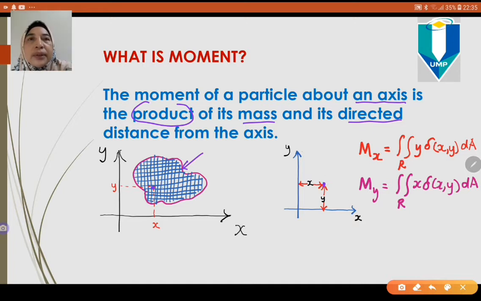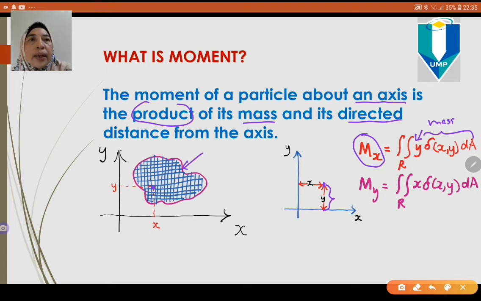Then the distance of that particle to the x-axis is the y value. That's why if you want to find moment about the x-axis, you multiply the distance, which is the y value, by the mass, and you know the mass is density times the area of the lamina. Like so for My.